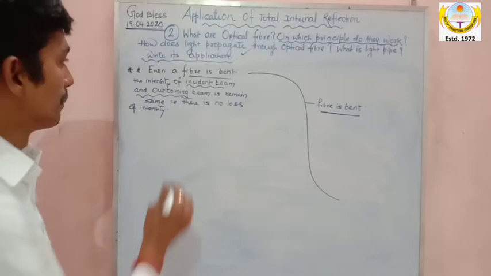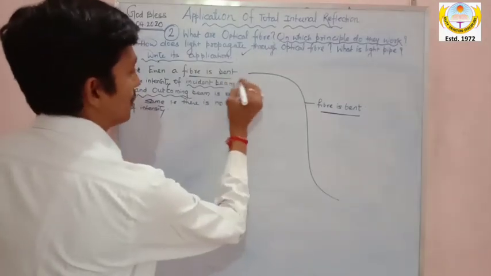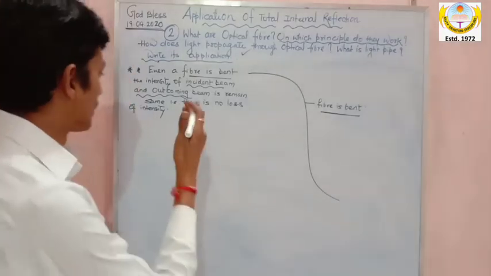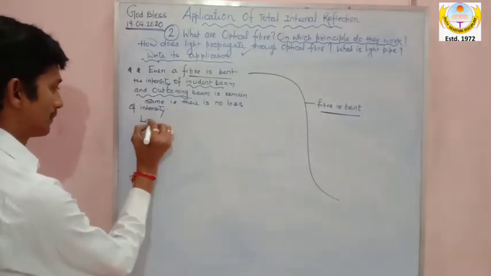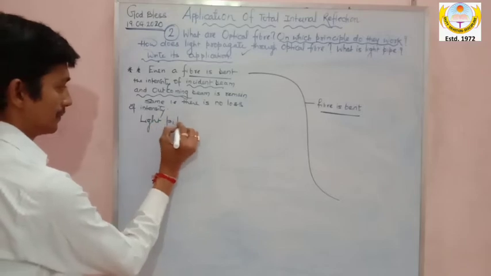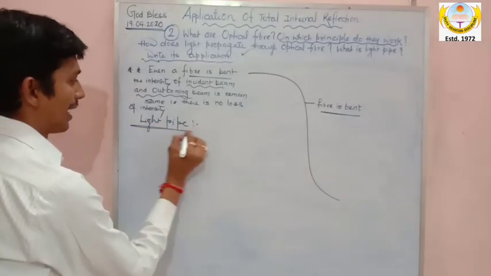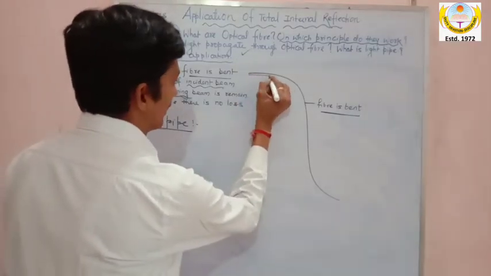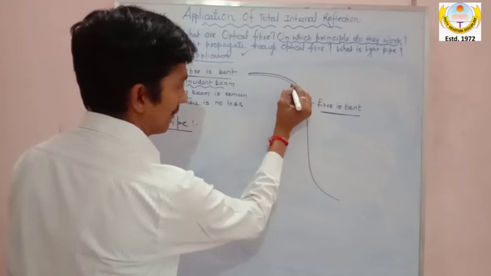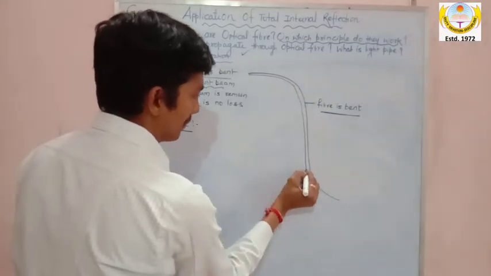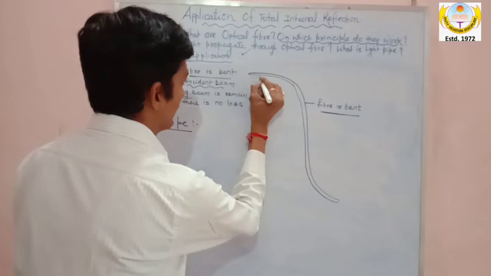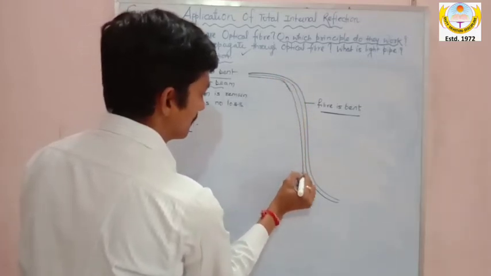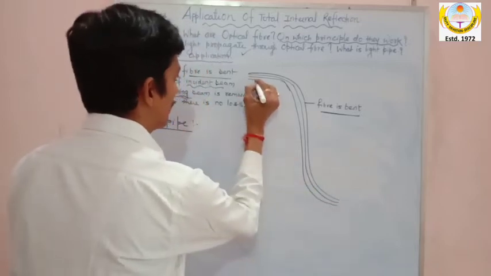Am I clear? So bend, when I say bend, is nothing but a form of pipe. Okay. But now the question is, what is a light pipe? Now my dear, if I take a bundle of fibers, like this is one fiber I have drawn. Now let me draw the second fiber, the third fiber, and the fourth fiber.